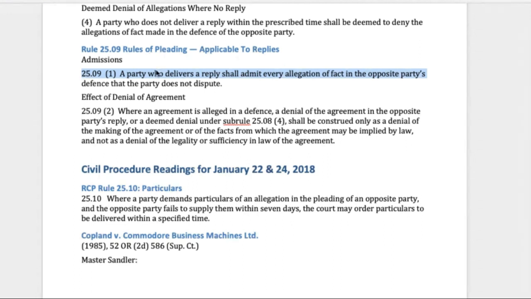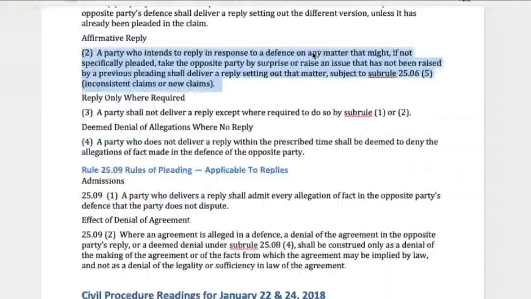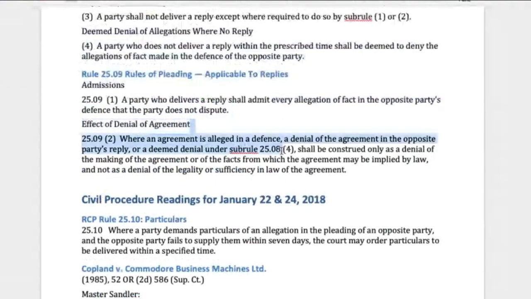So there's that same deeming of admission there. Okay, so 25.09. Right, so we talked about that, and this again is the same version of the rule you saw with defense.